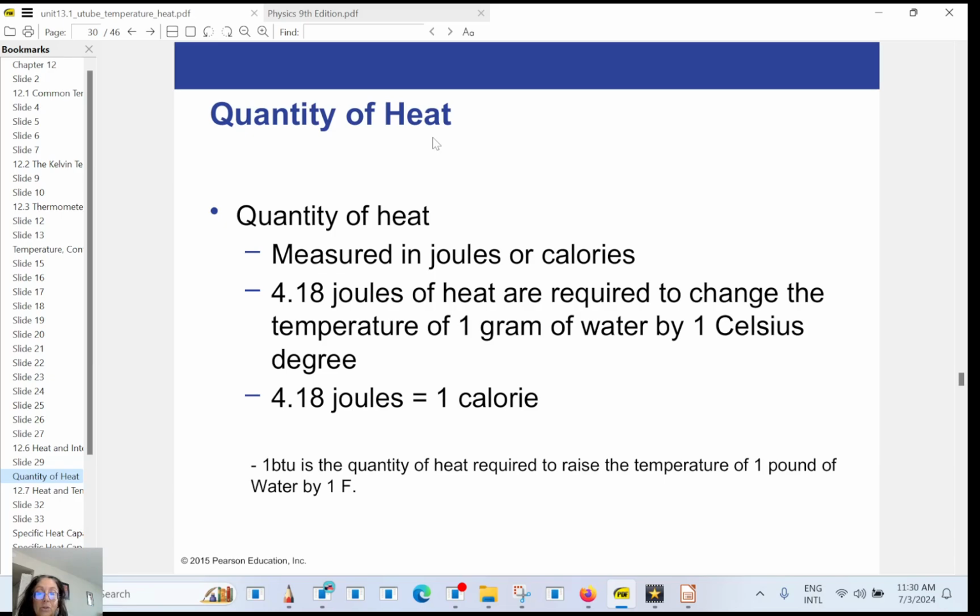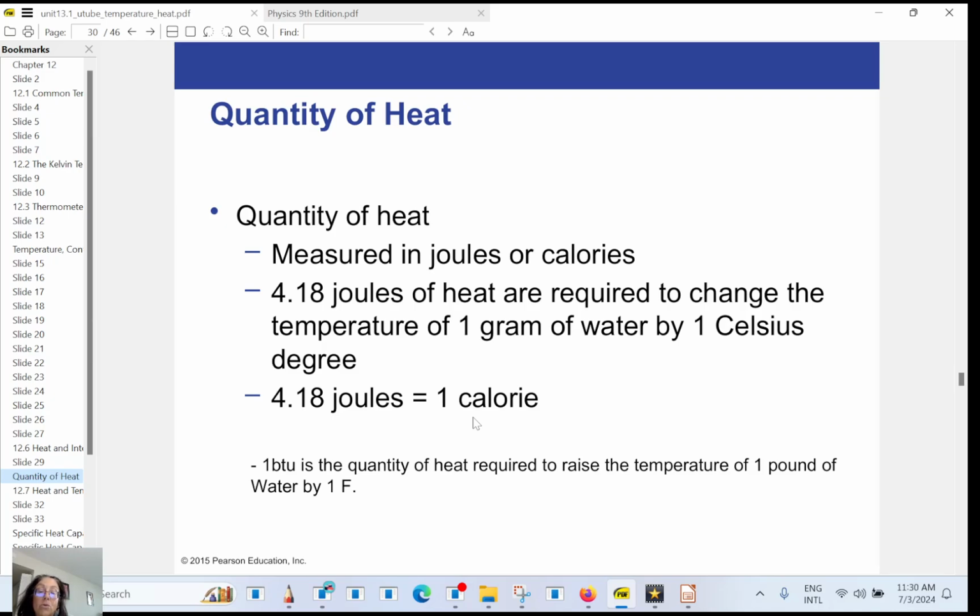So the unit is Joule, and you need 4 joules to increase 1 gram of water by 1 degree Celsius. And 4 joules is about 1 calorie. That's another unit for energy that they use most in chemistry. When they say the food calorie, it's not the same calorie, it will be 1000 calories.